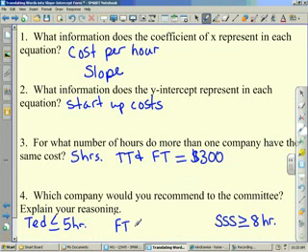So we can say that Funkytown is between 5 and 7 hours. That 5 hours is just your personal preference because it costs the same as Ted's. So it's just depending on if you want Ted or if you want to get funky.